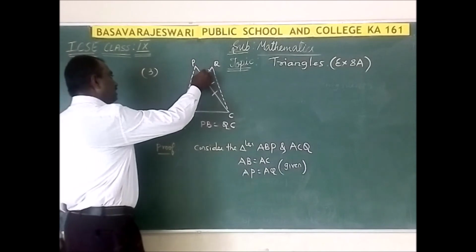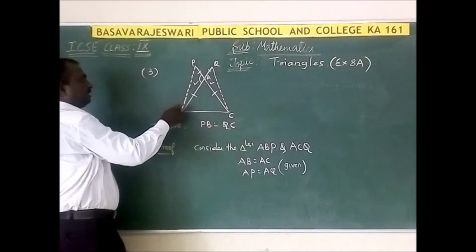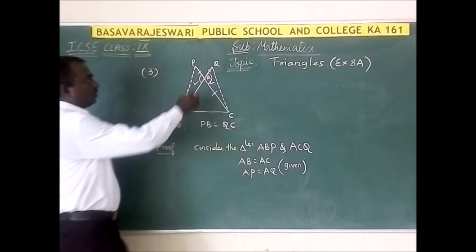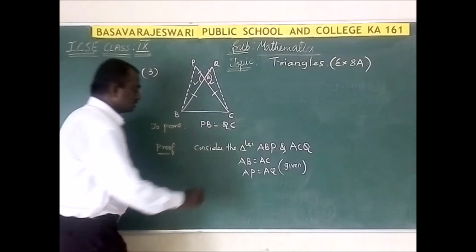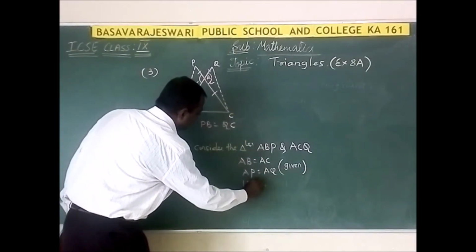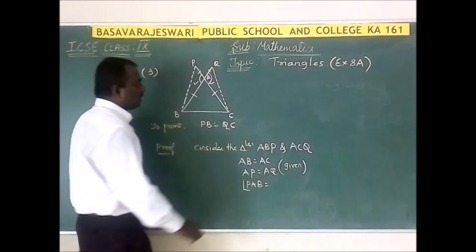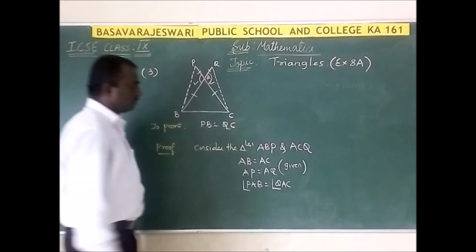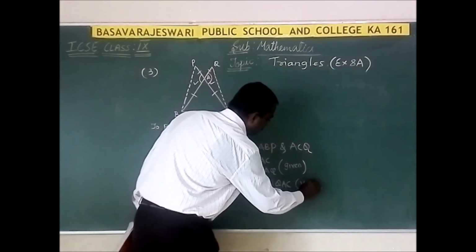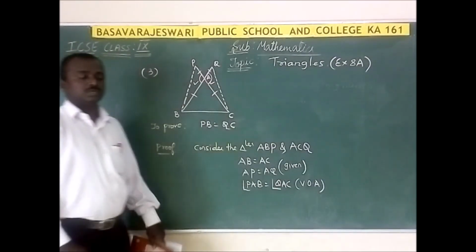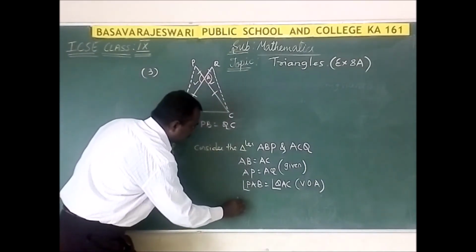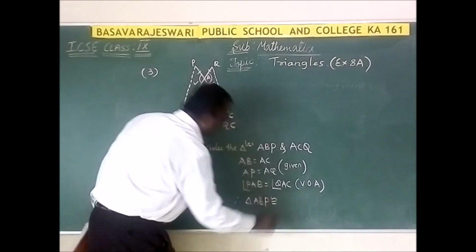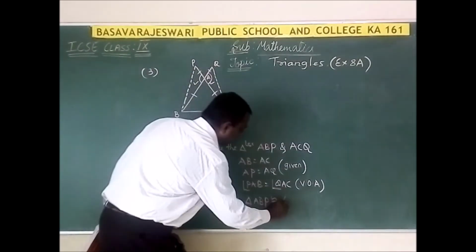And angle PAB is equal to angle QAC. Why? Vertically opposite angles. So therefore we can say triangle ABP is congruent to triangle ACQ.